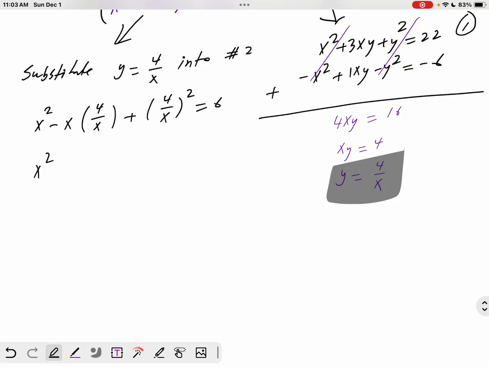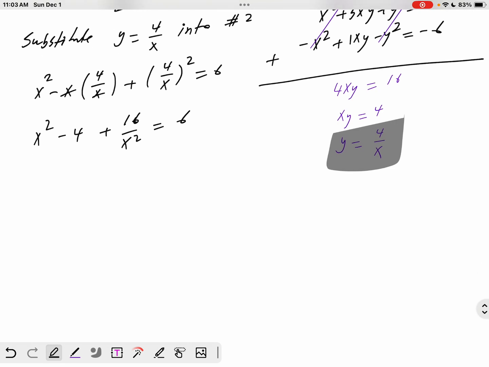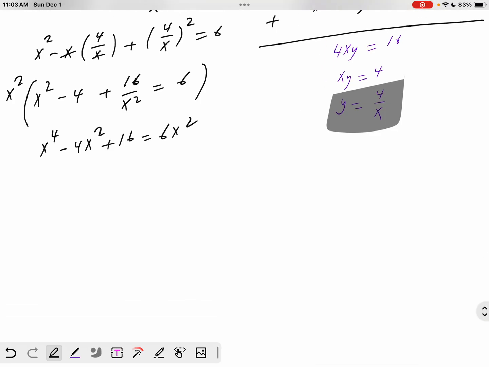This is x squared minus, so this x cancels, minus 4 plus 16 over x squared equals 6. So now to clear the fraction, let's multiply everything by x squared to clear the x squared at the bottom. So x to the power 4 minus 4x squared plus 16, x squared cancels, equals 6x squared.